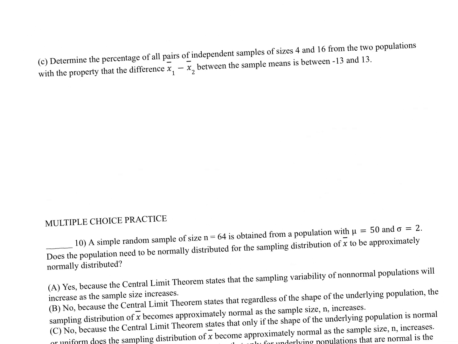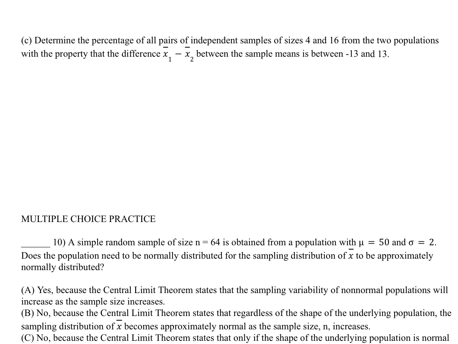So let's go ahead and figure out the probability that, for whatever our populations are, the difference is between negative 13 and positive 13. So we're doing the probability negative 13 is less than x1 minus x2 is less than positive 13.